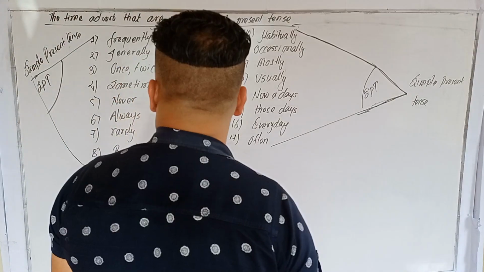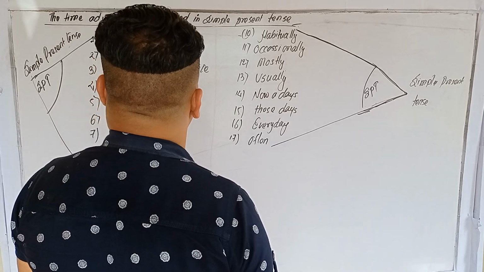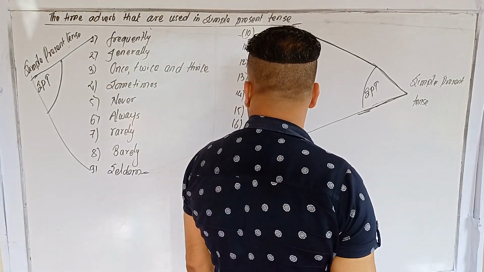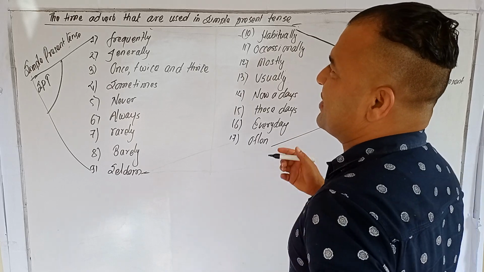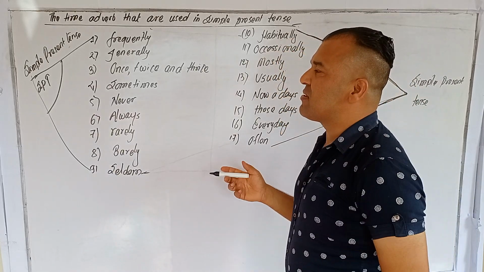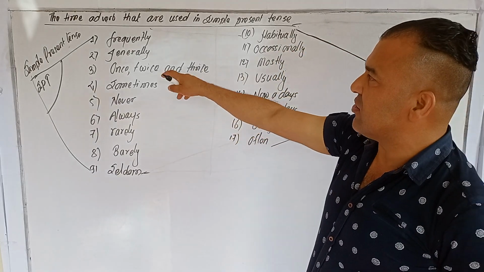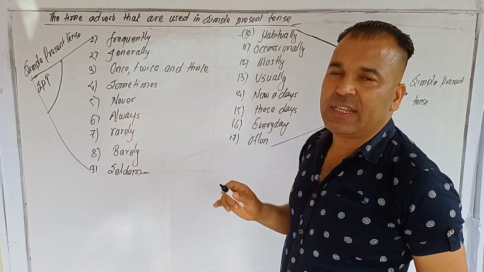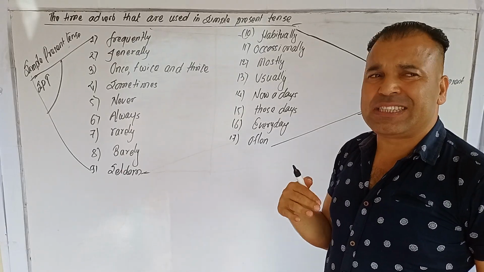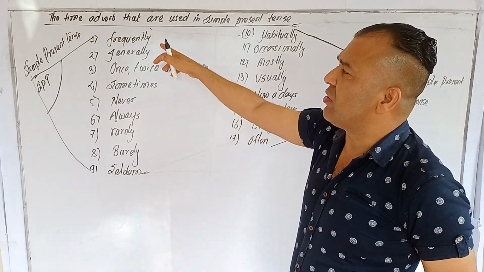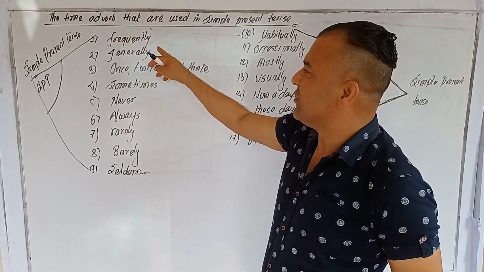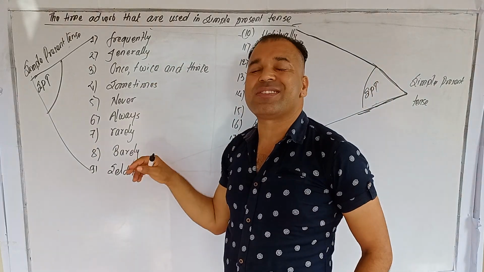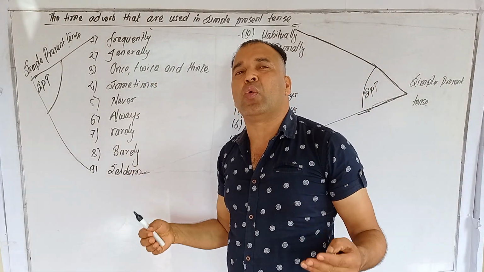The adverbs are used in simple present tense. You see, these are the adverbs. The time adverb is especially used in simple present tense. Frequently, maximum time, generally, usually, once, twice, thrice a week, thrice a month.